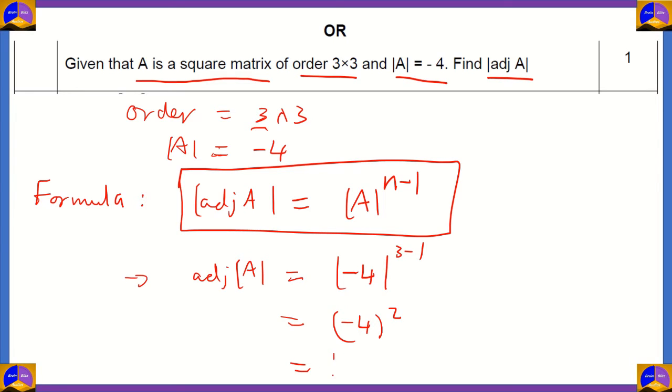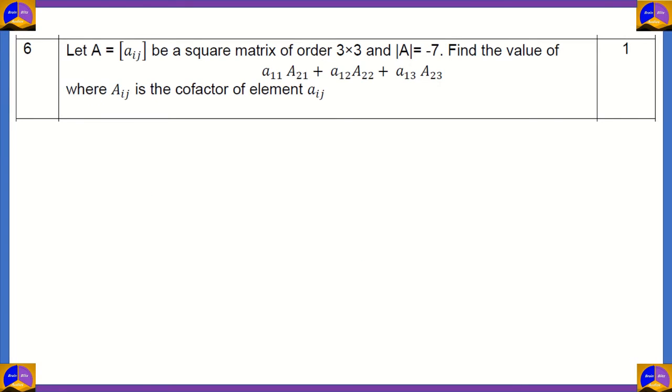Minus 4 the whole squared is equal to 16. So, no, it's not the adjoint of A, it's the determinant of the adjoint of A that is equal to 16. And that is the simple way to find out the adjoint when you have the order and the determinant given to you. Let's look at question number 6.